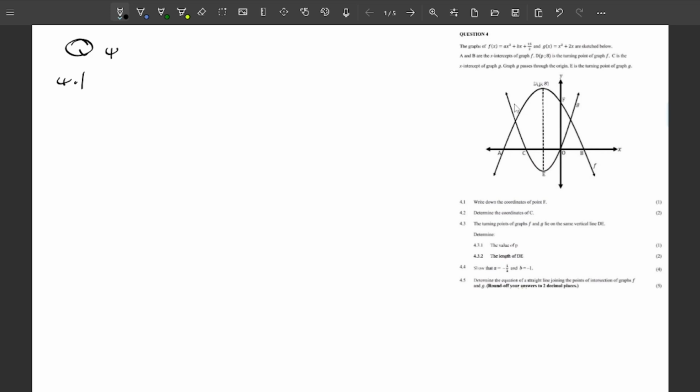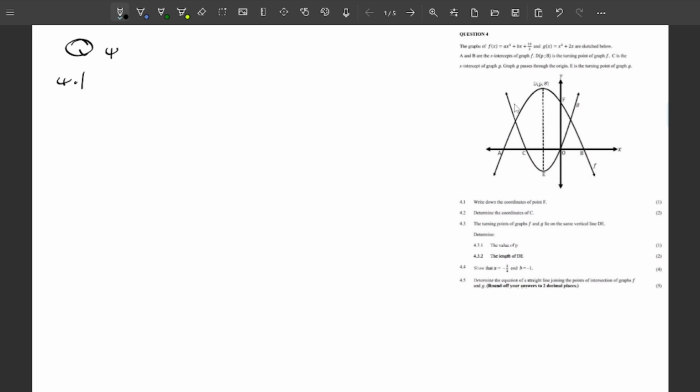A and B are the x-intercepts of the graph of f, and D is the turning point of the graph f, and C is the x-intercept of the graph g, and graph g passes through the origin, and E is the turning point of the graph g.